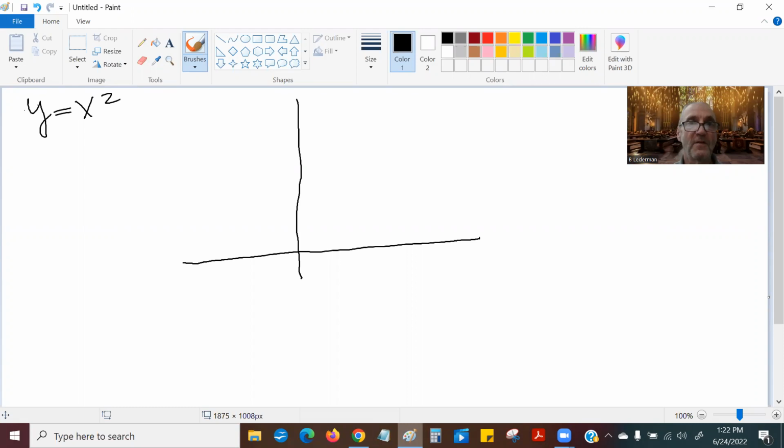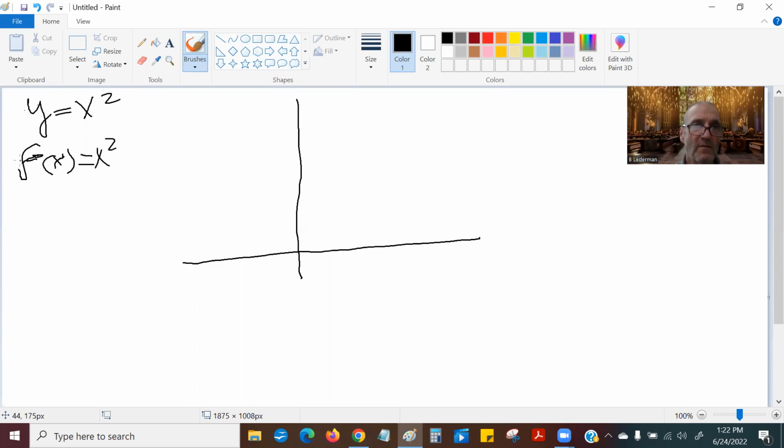We have a graph. We have a function y equals x squared, and that's the graph of it. Of course, we often will write it f of x equals x squared.